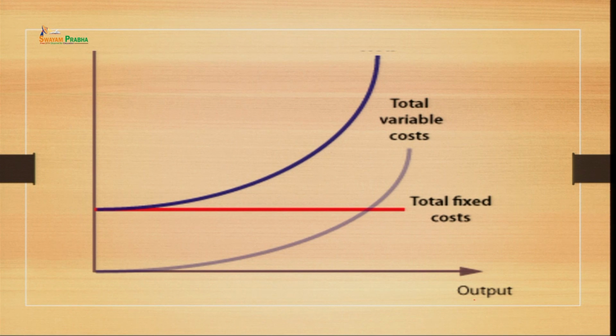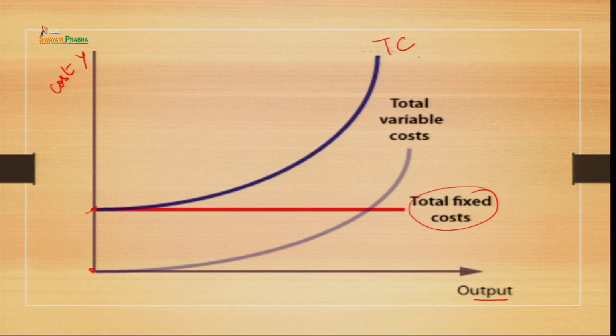Here on the x axis again we have output, and on the y axis we are representing the cost, and this is our fixed cost curve which shows that these costs are fixed, they will not increase, whereas you can see the variable cost curve, this starts from 0 because these are the costs which will increase with the increase in the output, and from here we are going to start our total cost curve.